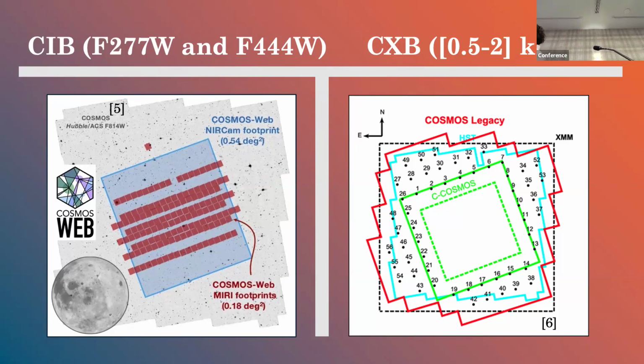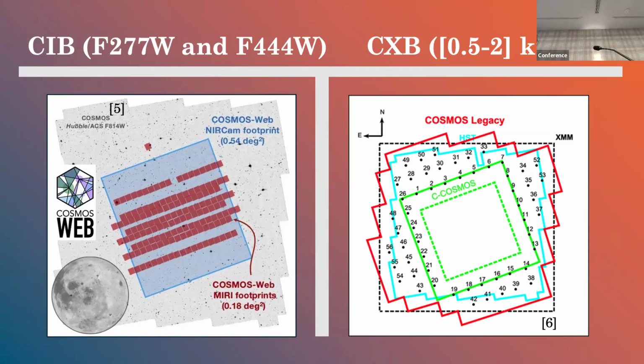Well, the COSMOS-Legacy CXB fluctuations have already been studied in other cross-power cases, and so we obtain those fluctuation maps directly. And so now we're just left to compute the CIB.